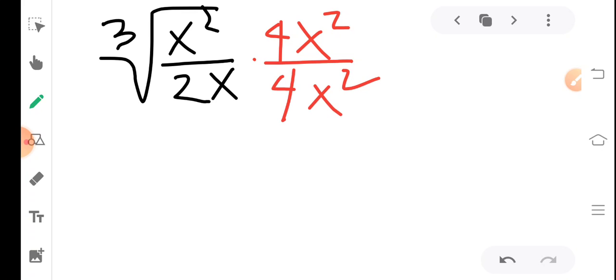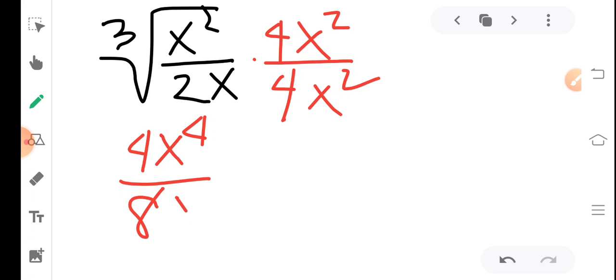So let's multiply. x squared times 4x squared is 4x to the 4th over 2 times 4, which is 8x cubed, so this is a cube root.